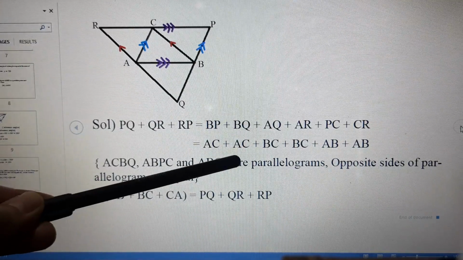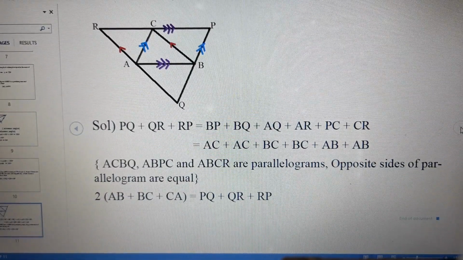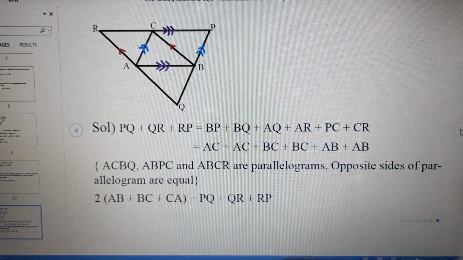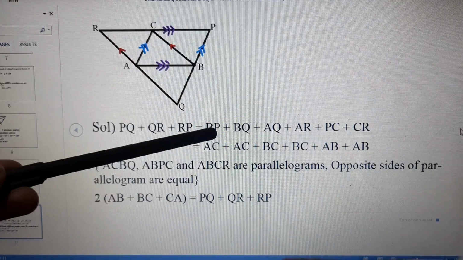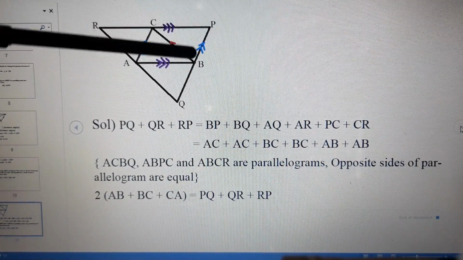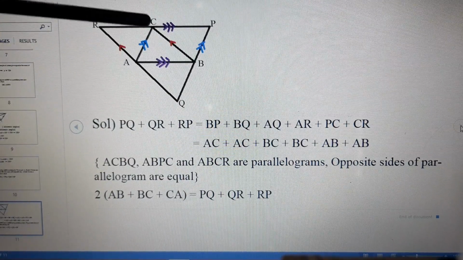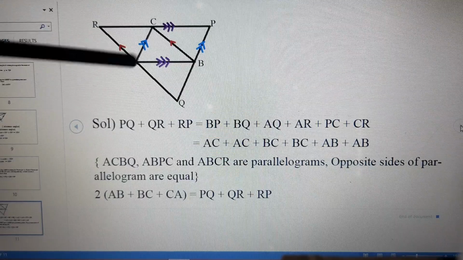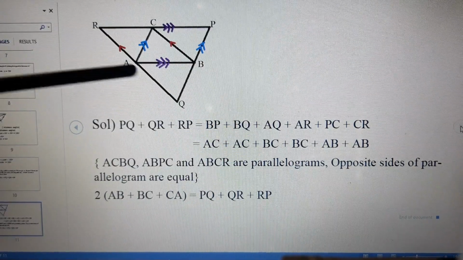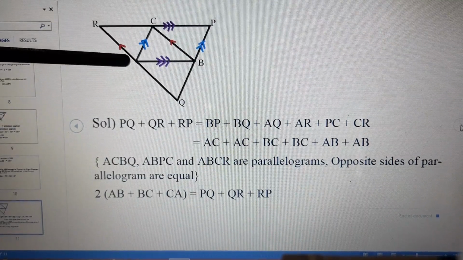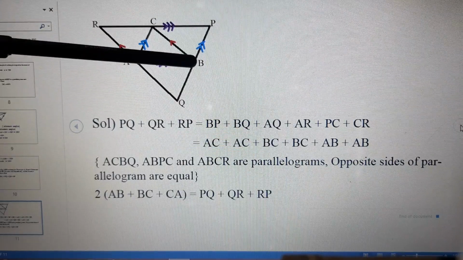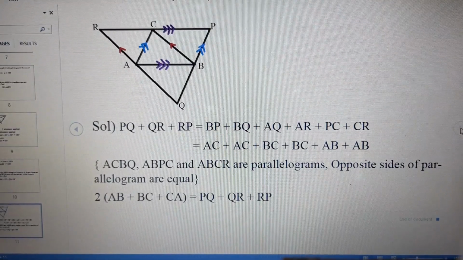So BQ is replaced by AC. Likewise, BP will be replaced by AC because BP and AC are equal to each other. AQBC is a parallelogram, so AQ and BC will be equal. AQ will be replaced by BC.